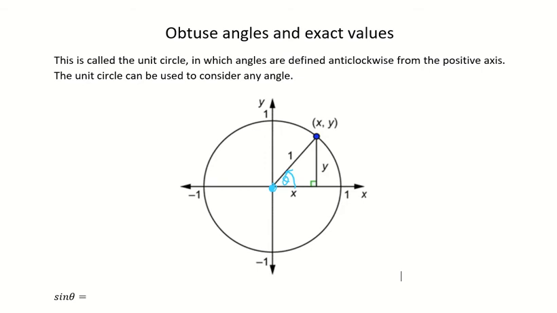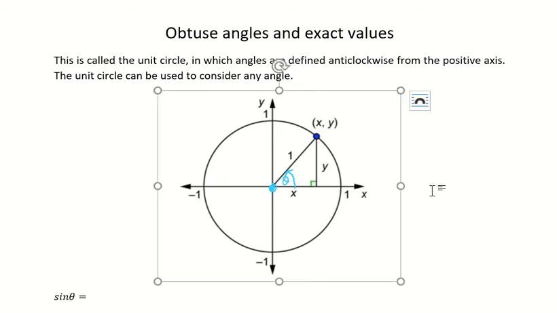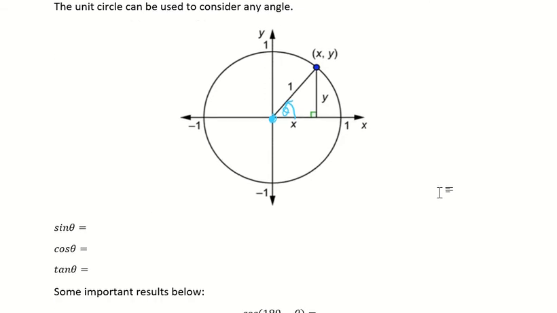Using previous knowledge of sine, cos, tan, we can write down the ratios. Sine theta is opposite over hypotenuse. In this case, it is y over 1, which is y. Cos theta is adjacent over hypotenuse, so it's x over 1, which is x.